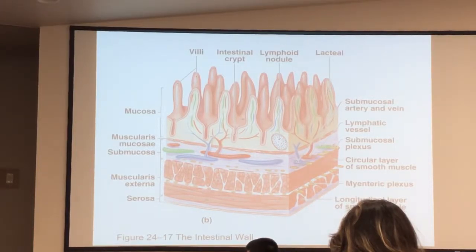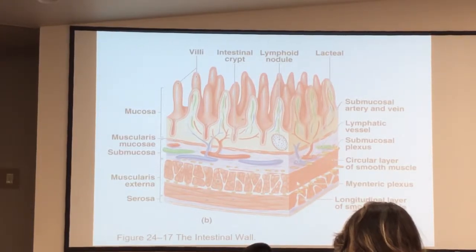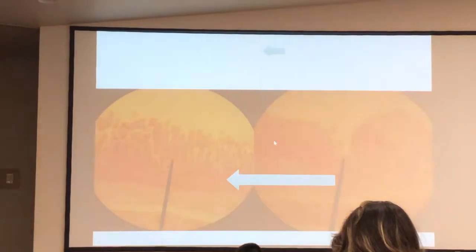The small intestine has a lot of villi going up, which is different from the stomach. You also have four layers: mucosa, submucosa, muscularis, serosa. You also have the submucosal plexus, the myenteric plexus. They also have Peyer's patches.